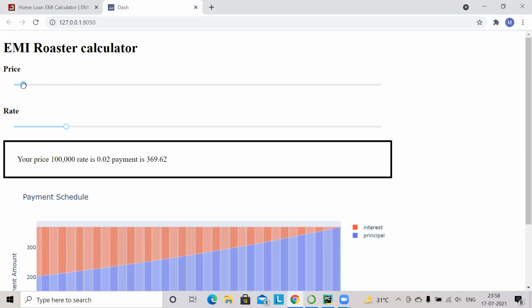Okay, so this is the price slider. The minimum will actually be 50,000 and the maximum is 20 lakhs.